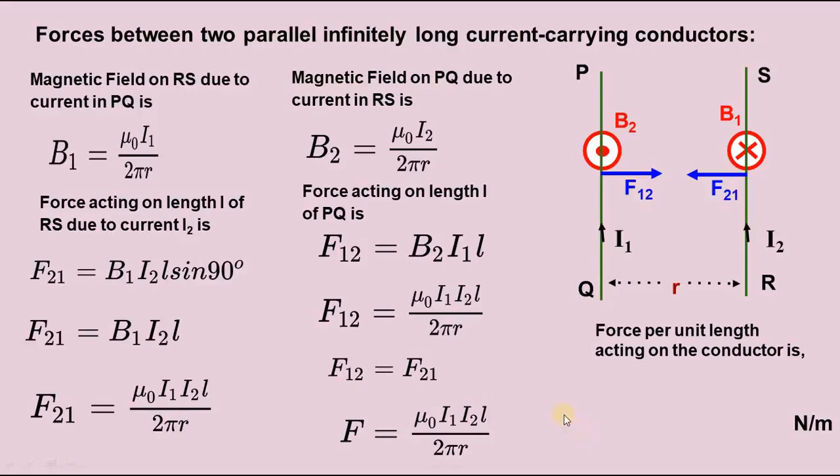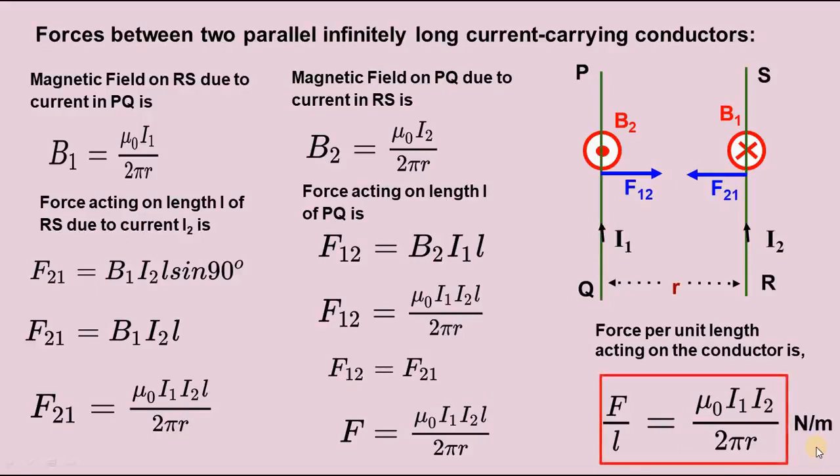The force acting per unit length of these conductors is given by F by L, that is equal to mu0 I1 I2 by 2 pi r, the unit being Newton per meter. Here r is the distance between the two conductors.